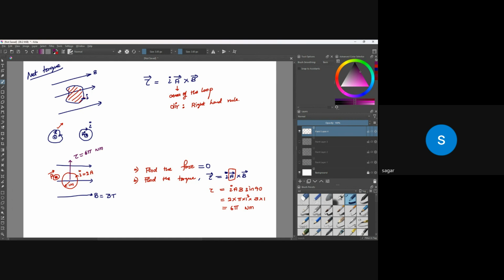Now, torque is in the upward direction. What does that mean? How is that going to rotate the body? Well, we know torque rotates the body, right? And if I say torque is upwards, does it mean the body is going to rotate upwards? Doesn't make any sense. What is rotating upwards? Well, torque being upwards simply means the body is going to rotate, and again, you have to use right hand rule.